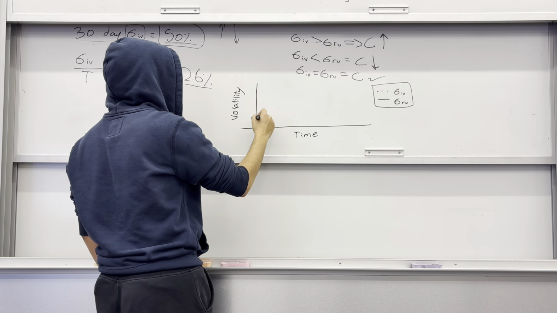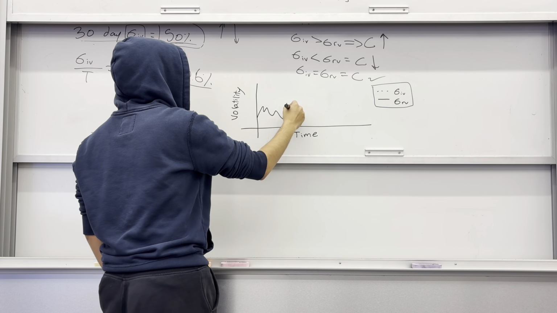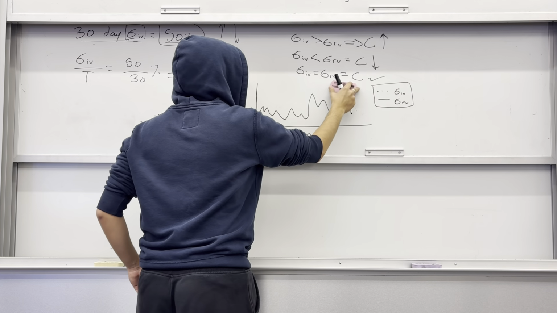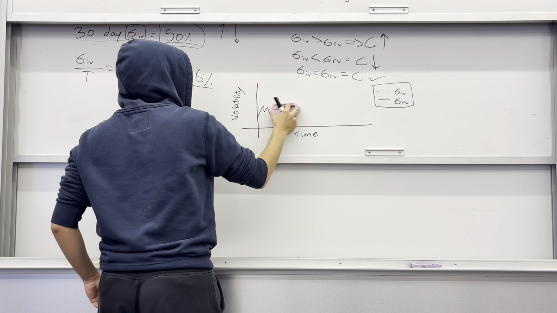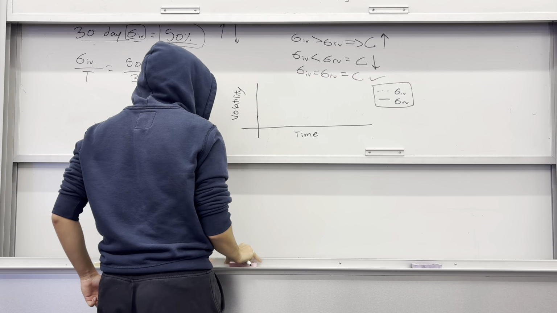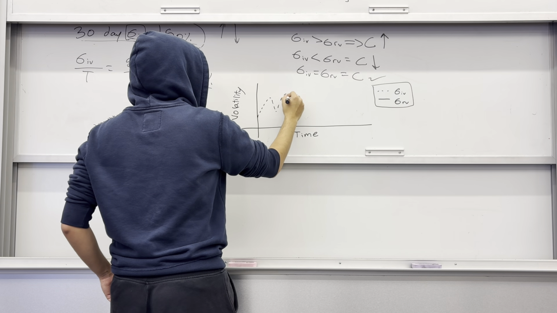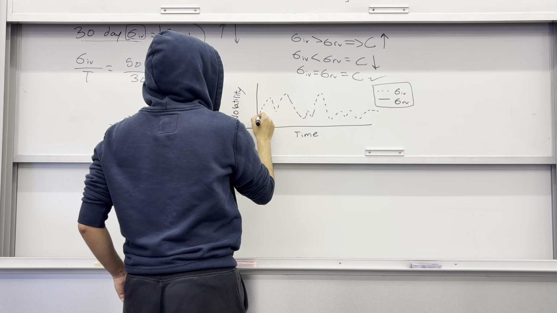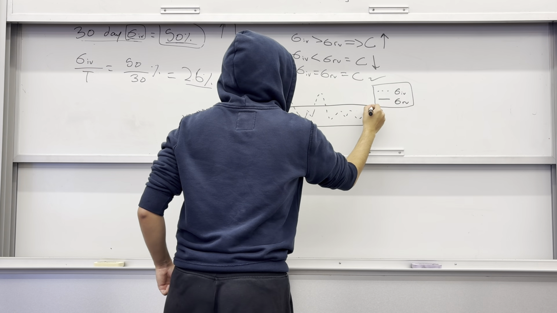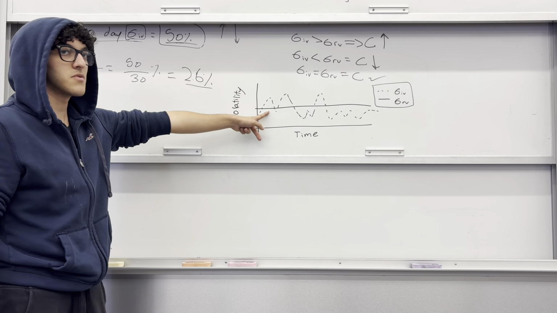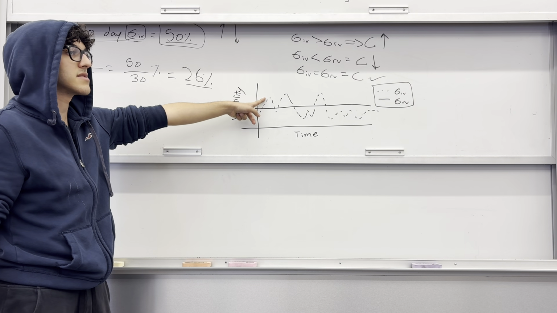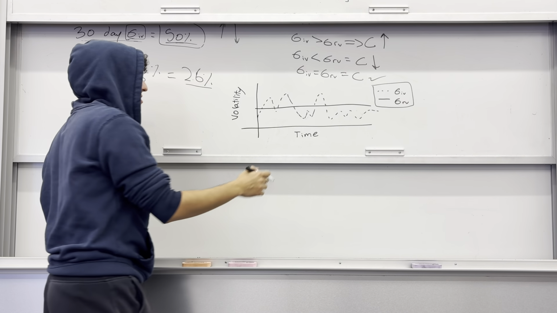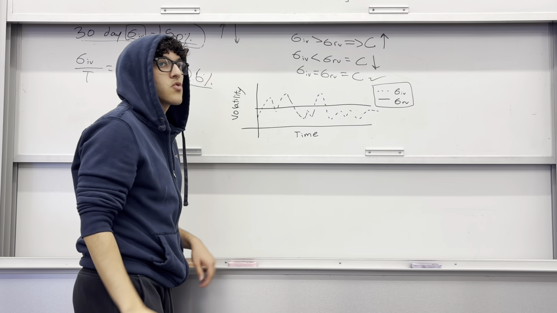It's going to be random. This is the realized volatility. This is the implied volatility. This is what the market participants think is going to happen to the stock. And this is what has actually happened historically.